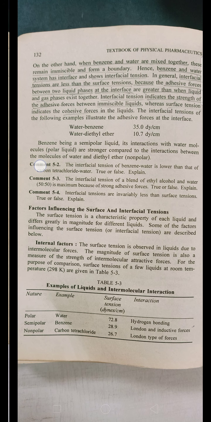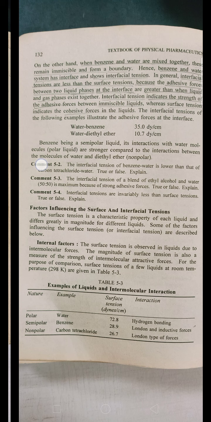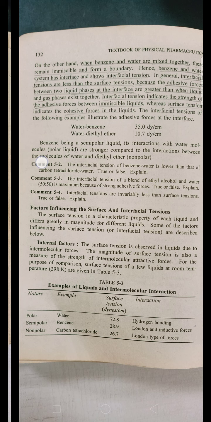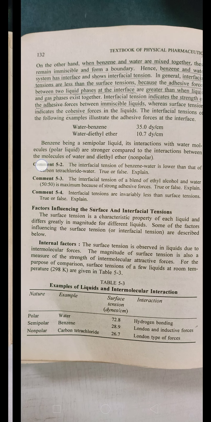Okay, for the purpose of comparison, we have some examples of liquids and their intermolecular attraction. See, polar molecules, so it is water. Water has strong intermolecular attraction between its molecules, hydrogen bonding is there.